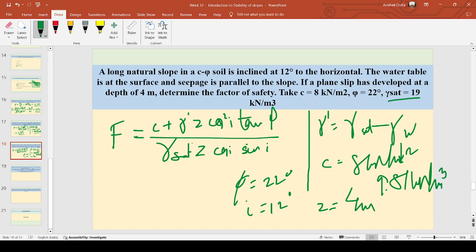Putting all the values in this equation, the factor of safety of this C-phi soil slope is approximately equal to 1.44. I'll just give some time because it is a big formula.